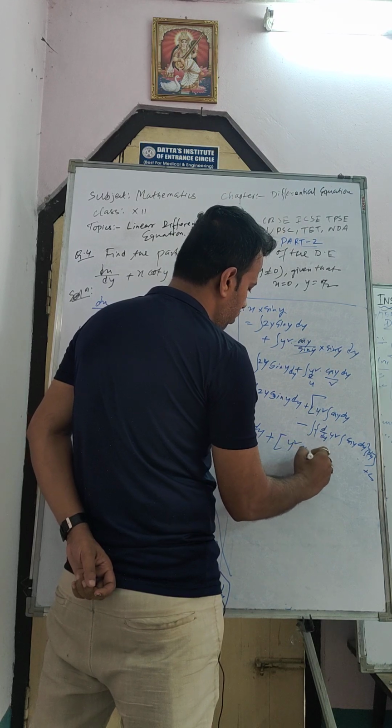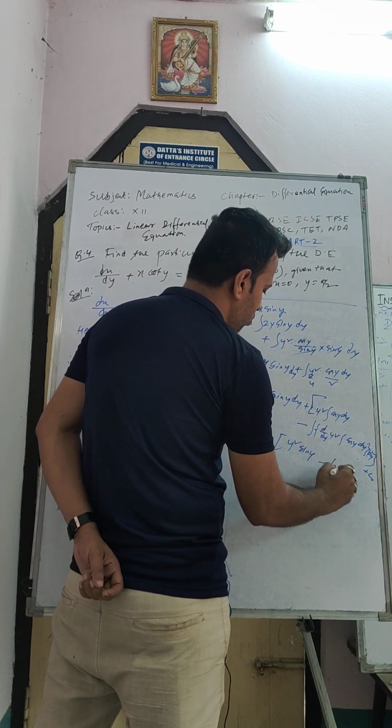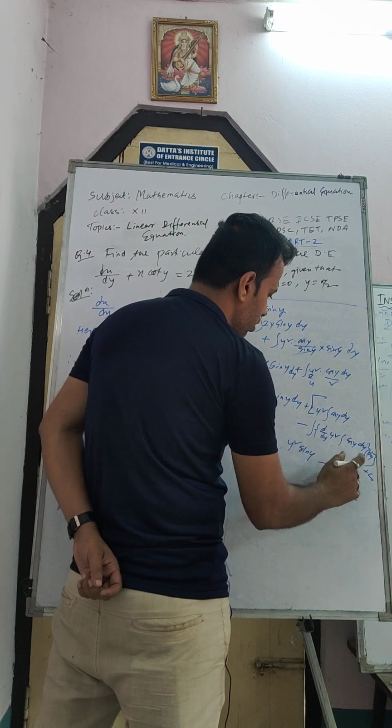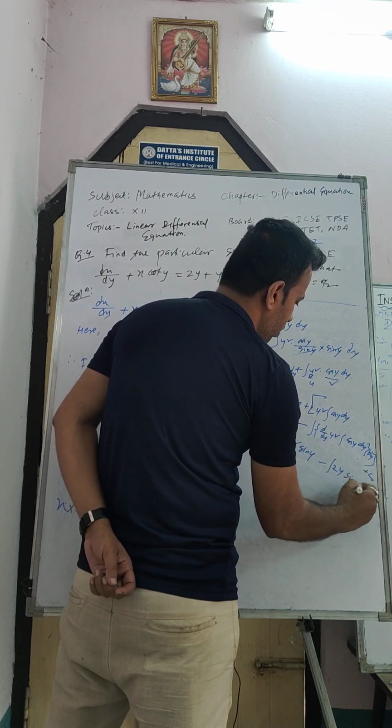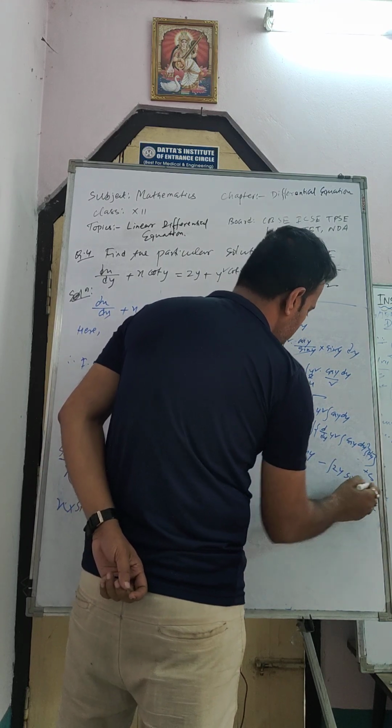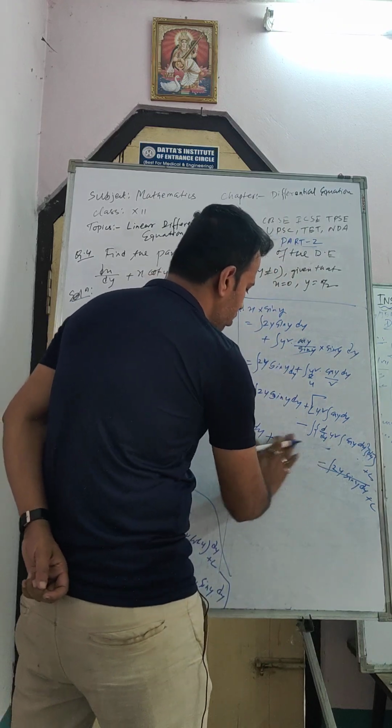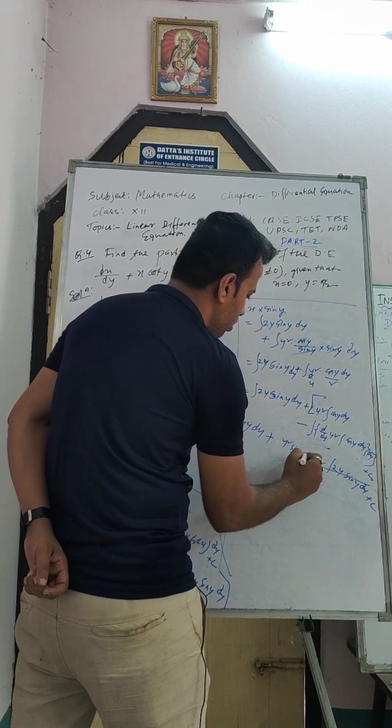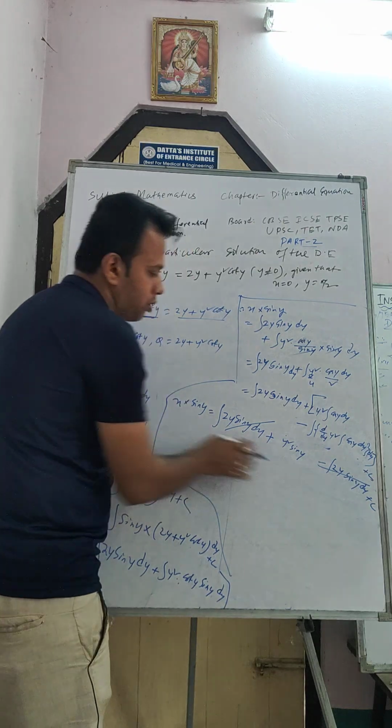So x sin y equals y square sin y minus integration of 2y sin y dy plus c. Sorry, this is y square sin y, and this term will be cancelled out. Okay, this term will be cancelled out.